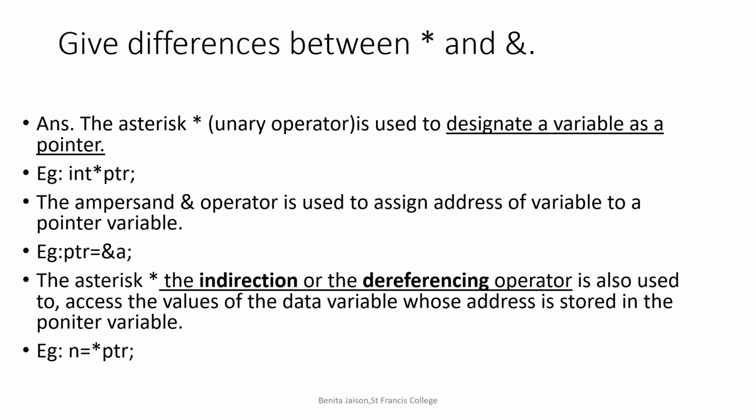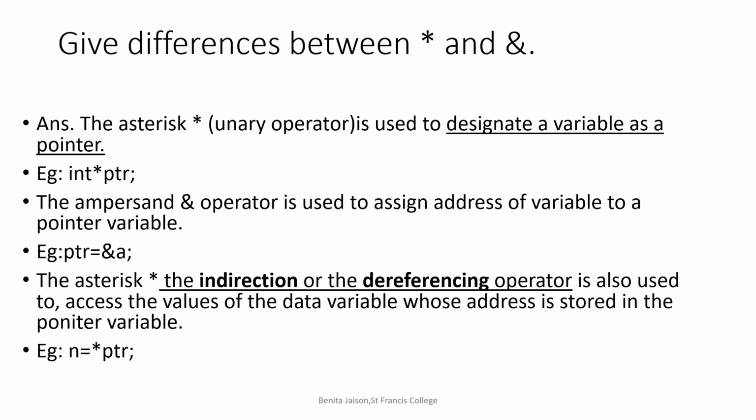So n equal to star ptr will assign to the variable n the value stored at the address held by the pointer, not the address itself. So the asterisk has two meanings.